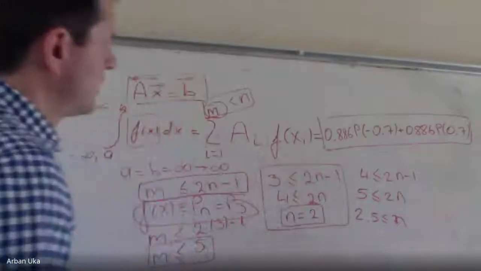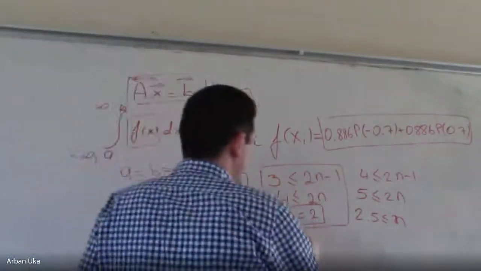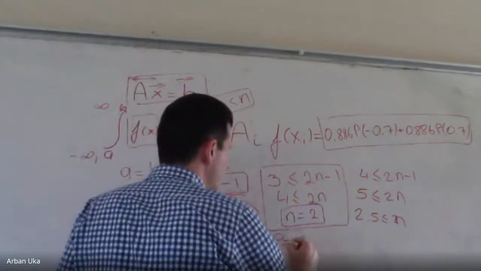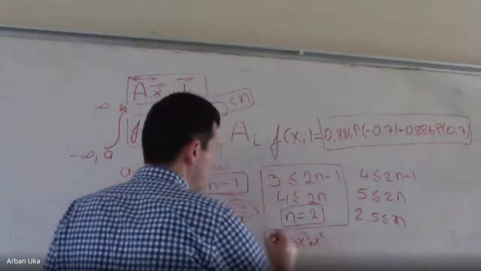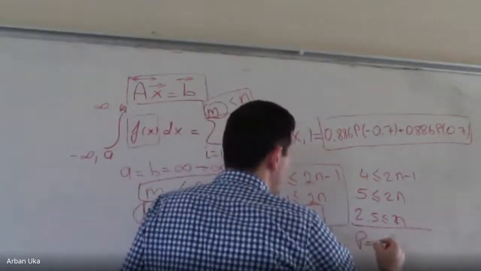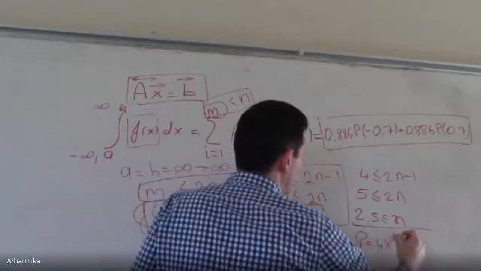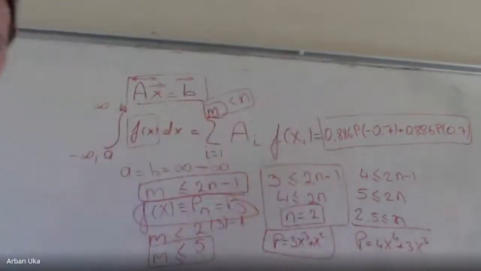This means that n is going to be 3. So this is for a polynomial which is going to look like 3x cubed plus x squared. Okay, this is a third order. Here, if the polynomial is something like 4x to the power 4 plus 3x cubed, okay, you understand. So once you have the highest power, you understand that it's a P4.